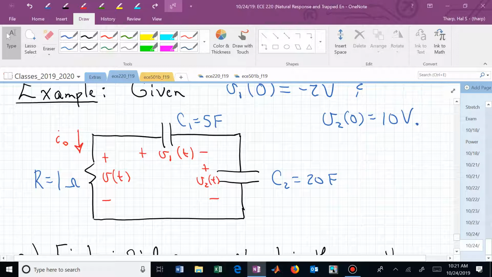Why is that? Well, the effective capacitor here is 4 when you series combine 5 and 20. So now the effective capacitor is smaller, but you had more capacitance to begin with. That difference is the reason why you have some stored energy or trapped energy in the circuit.